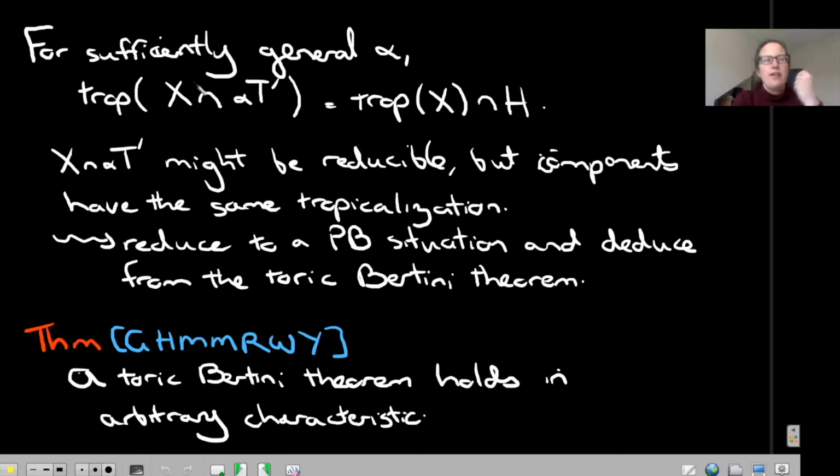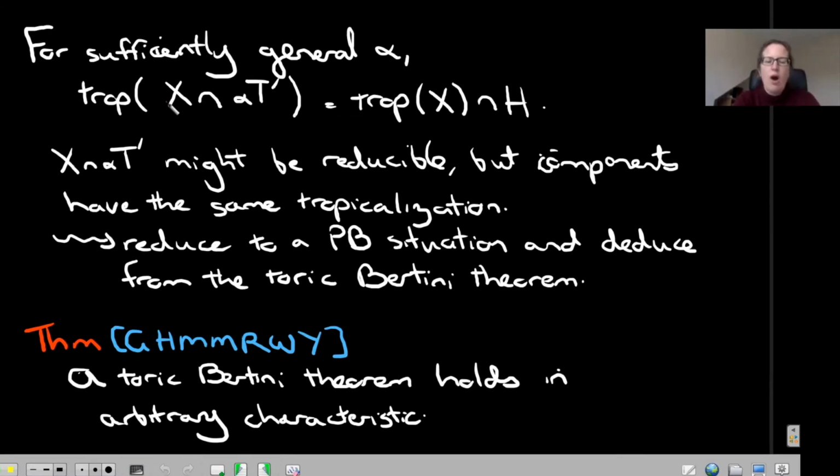The tropicalization of X intersect this coset will be the tropicalization of X intersect H. Okay, so roughly for general enough alpha, this is saying that tropicalization commutes with intersection. You do need some sort of genericity statement here. This intersection might be reducible, but it's only going to be reducible in a kind of mild fashion. All of the components have the same tropicalization.